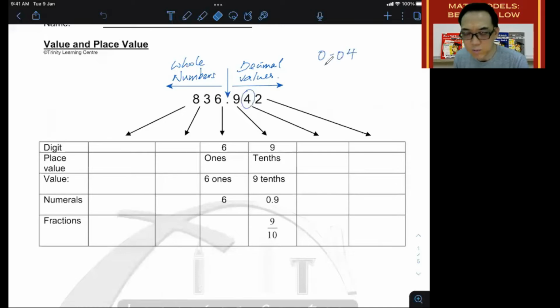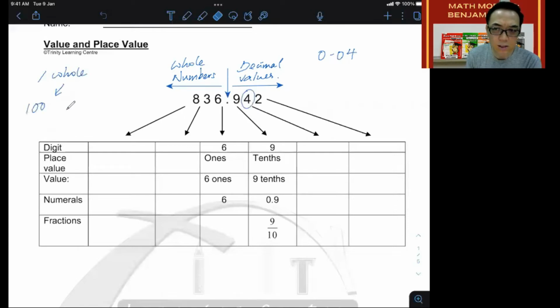As I was explaining earlier, you can think of one whole as broken into 100 parts of 0.01. If you add 100 of these, you will get one whole. So this is 0.04, whereas this is 0.01, which is 4 times of it.